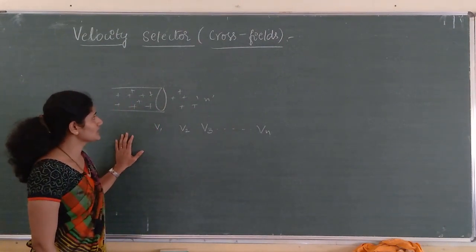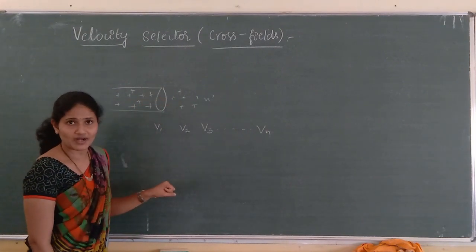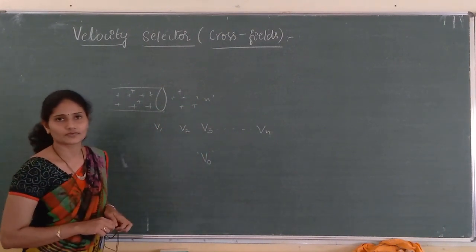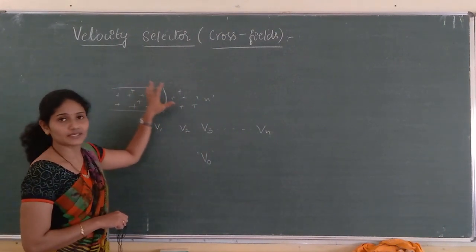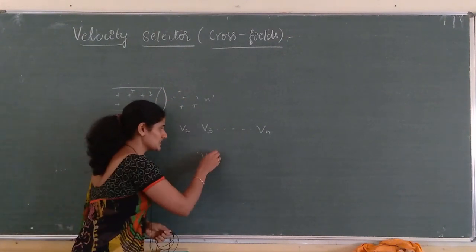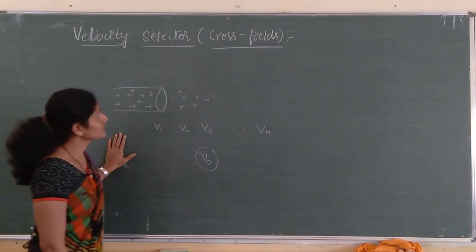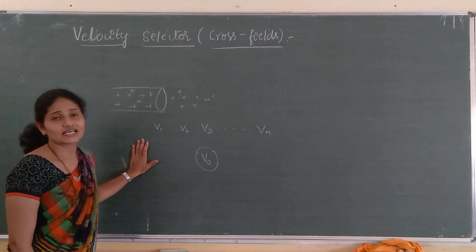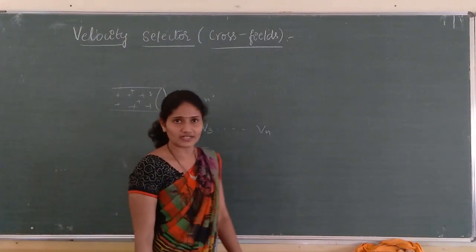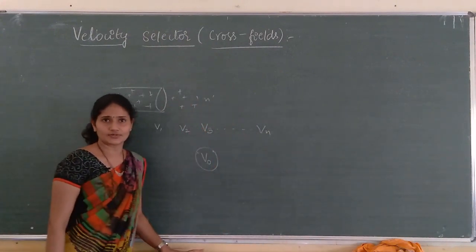So what we have to do is select one charged particle whose velocity is v0 from this beam. For this we need both electric as well as magnetic field. The electric field and the magnetic field are perpendicular to each other, therefore the name crossed fields.